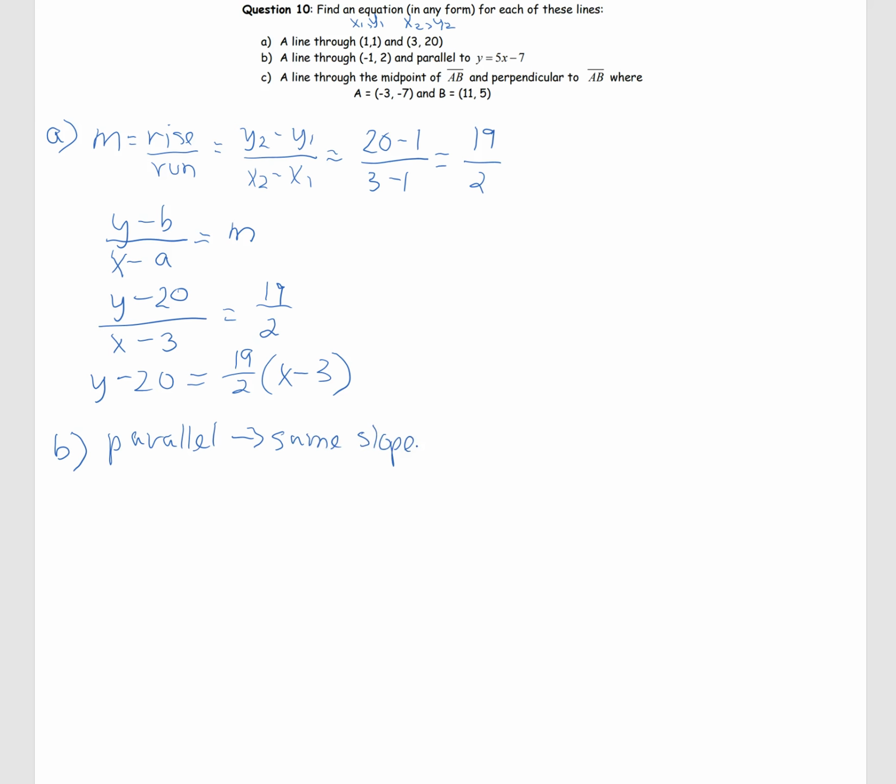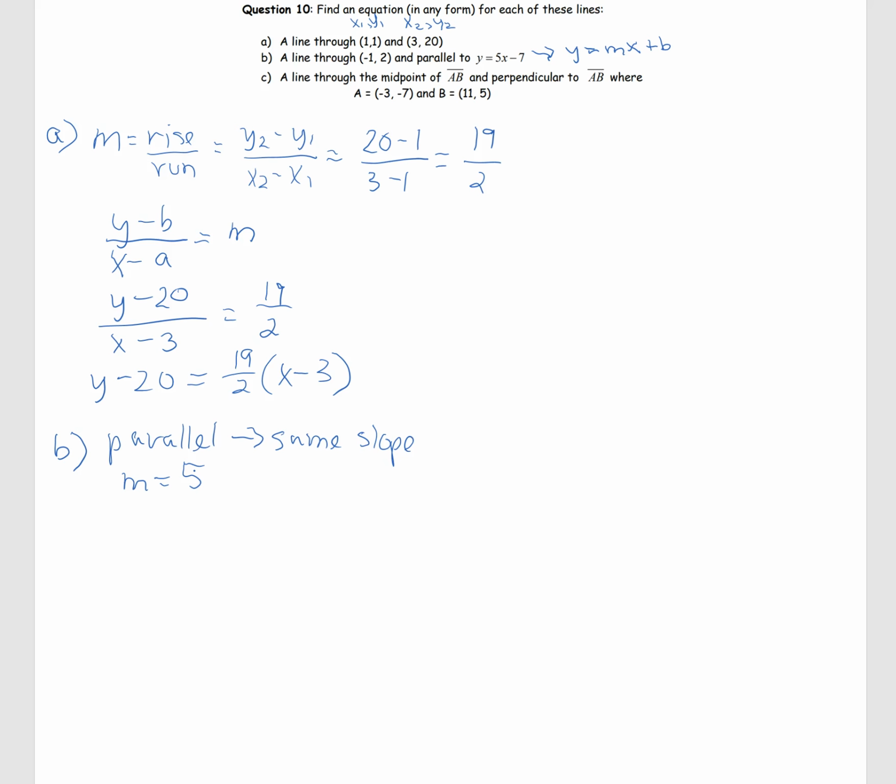If we look at the equation of a line here, this has been given in the form y equals mx plus b. So m is our slope, so our slope from this line is 5. And that means the slope of the line we're looking for is also 5. So our m has to be equal to 5.